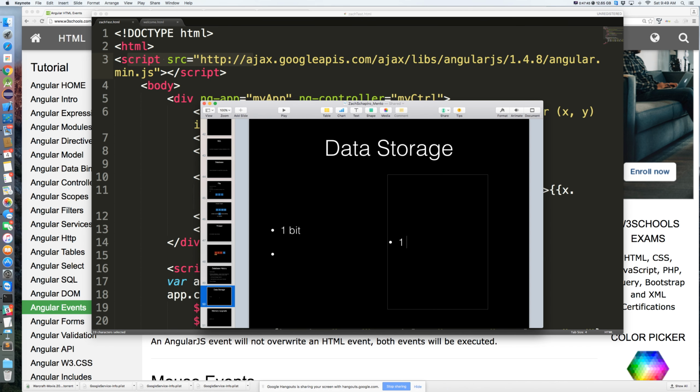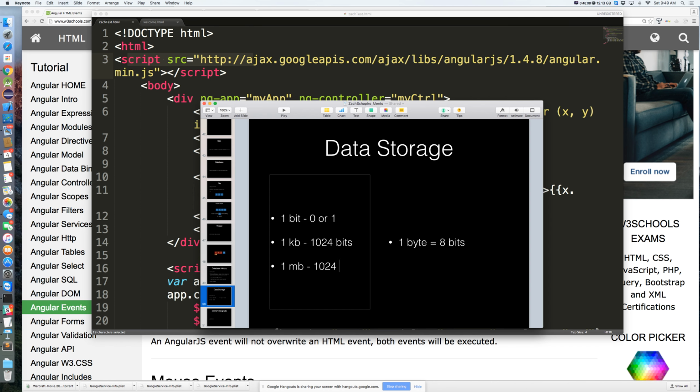So 1 byte is equal to 8 bits. 1 bit is a single 0 or 1. 1 kilobit is 1,024 bits. 1 megabit is 1,024 kilobits. 1 gigabit is 1,024 megabits. And we'll say 1 terabit, nobody really uses that yet, is 1,024 gigabits.